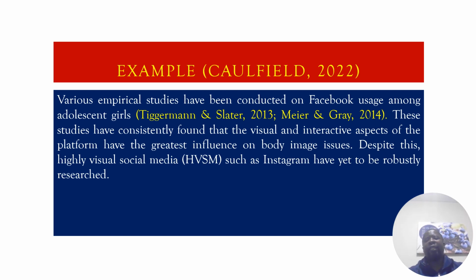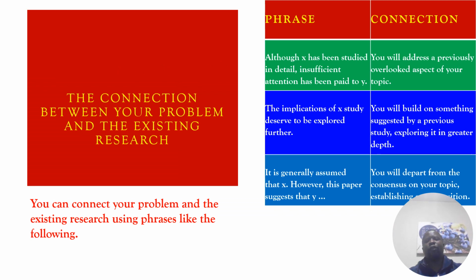Now he is telling us where the gap is. I feel for the amateurs, this is one good way to start writing your problem. Make sure that you bring in all the what is known, what is not known from the background of study.